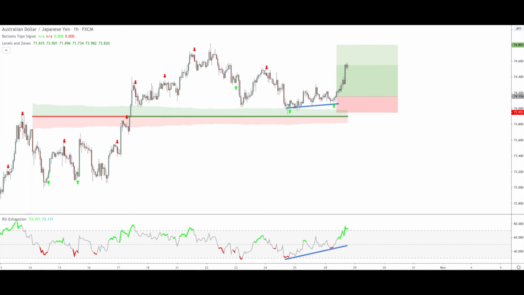But it's a situation that maybe doesn't happen. So we just wait a bit more, with patience, which is the most important thing to have in trading, and let's see how the price moves.